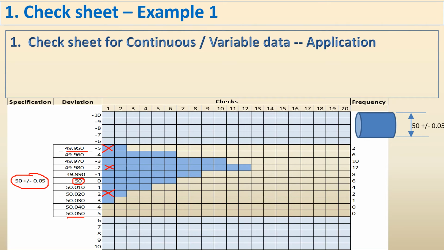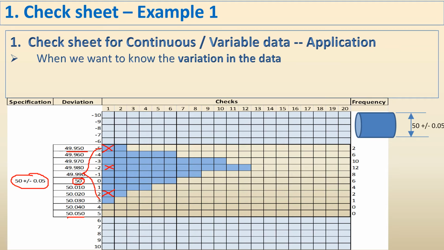First, we want to know the variation in the data. The variation is that the round bar dimensions came from 49.950 to 50.030.